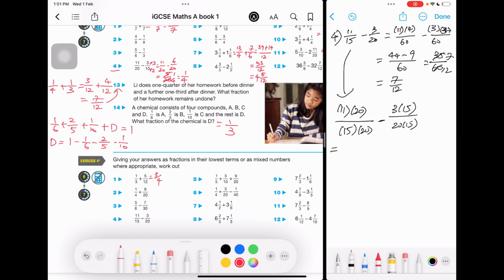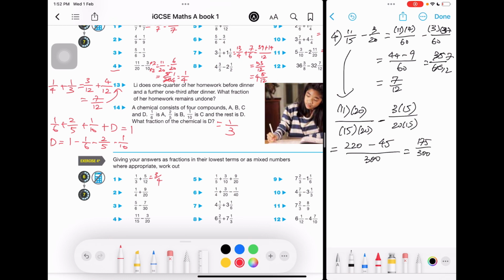So what I'm doing here, basically, I'm just getting the denominator of both sides, multiplying by that. That way, you will definitely have a common denominator, but the numbers on top will be pretty huge, alright? So this will be 220 minus 45 over 300. Alright, so 220 minus 45 basically will give you 175 over 300.